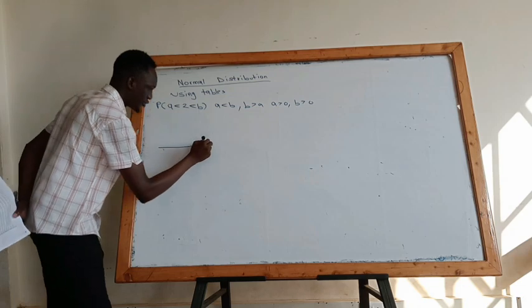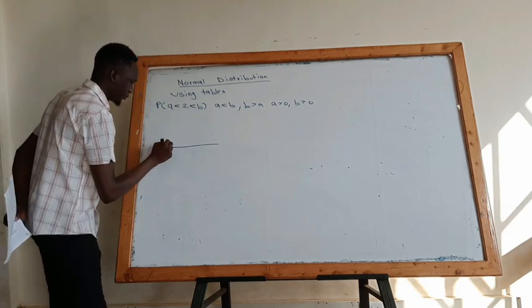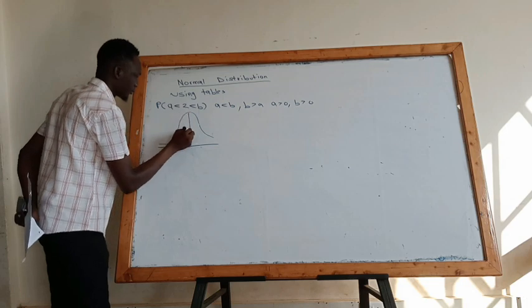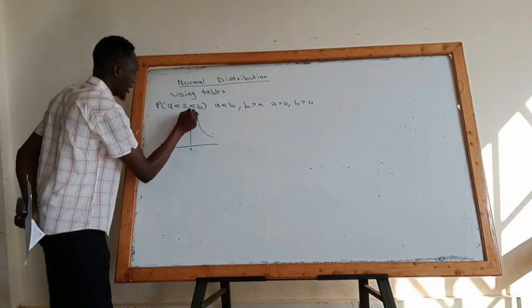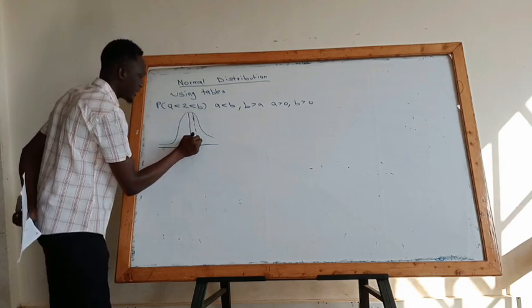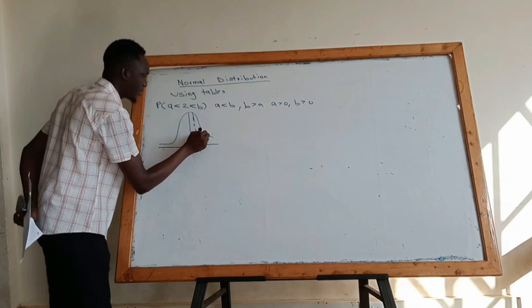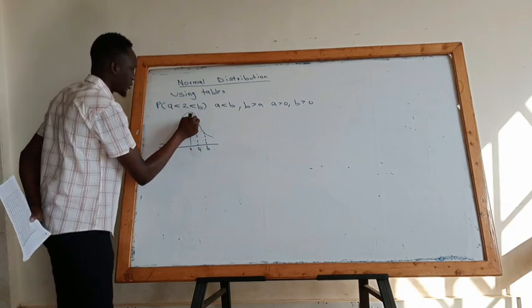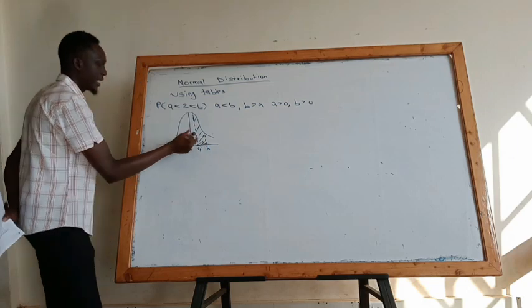Let's have the sketch. A is greater than 0, that's somewhere here. B is also greater than 0 and B is greater than A. So they need the area under the curve.